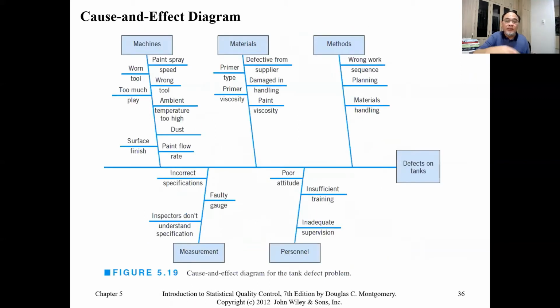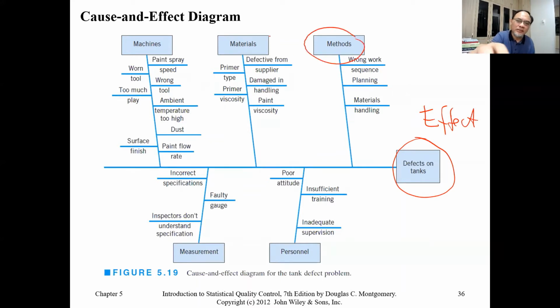The other chart tool that is commonly used is the cause and effect diagram. The cause and effect diagram is done through a team, and it is a brainstorm. So you decide on the problem, which is the effect part of the chart, and these are the possible causes. These are the main causes.